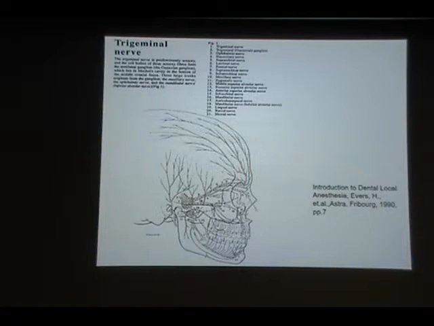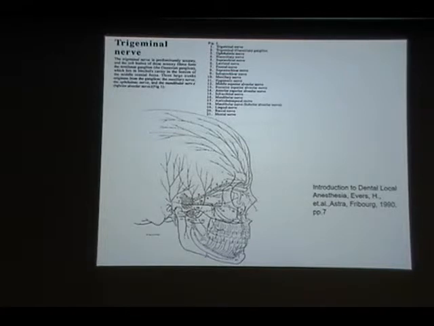And then we have a portion of that branch that goes to the anterior dentition of the maxilla. These are sometimes called middle superior alveolar and anterior superior alveolar.